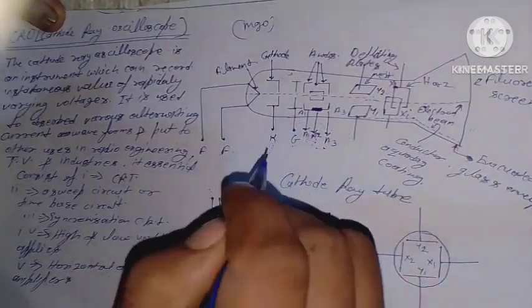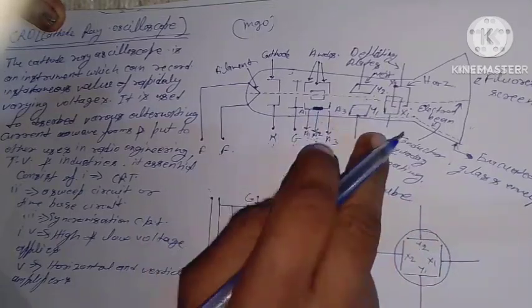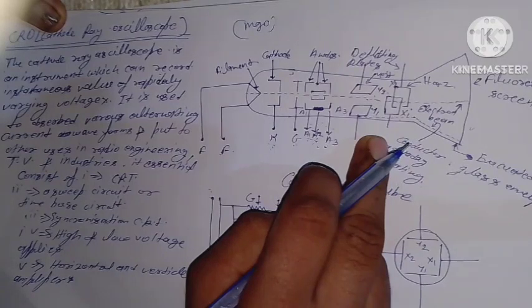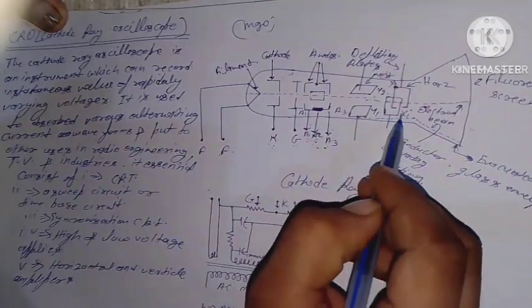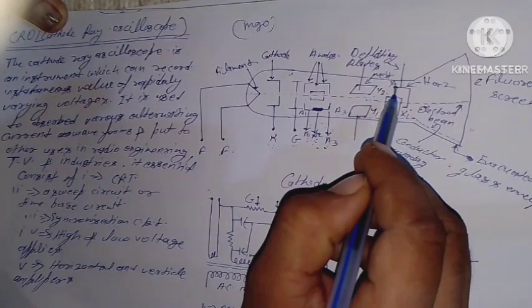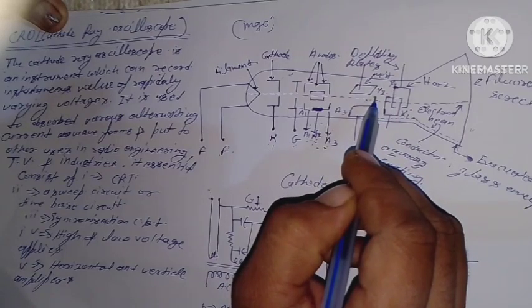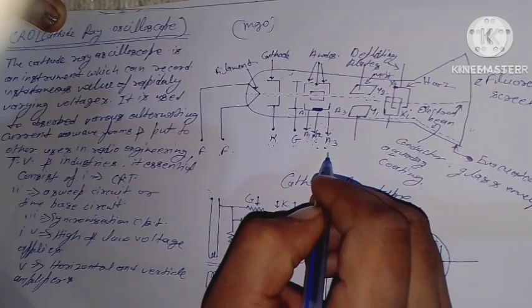The common form of cathode ray tube uses an electrostatic deflecting arrangement. For this purpose, two sets of plates X1, X2 and Y1, Y2 are mounted between the final anode A3 and the screen.